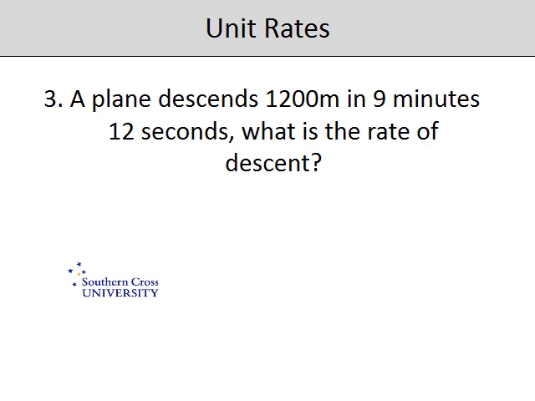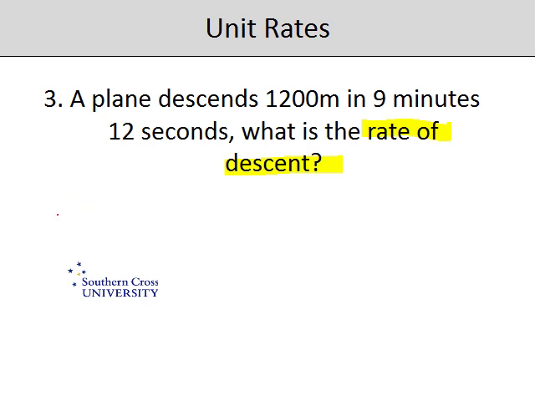Now this one's an interesting one, rate of descent. So this is going to be metres per minute or metres per second, not minutes per metre. It's the wording of the rate of descent. So it's the descent per unit time.